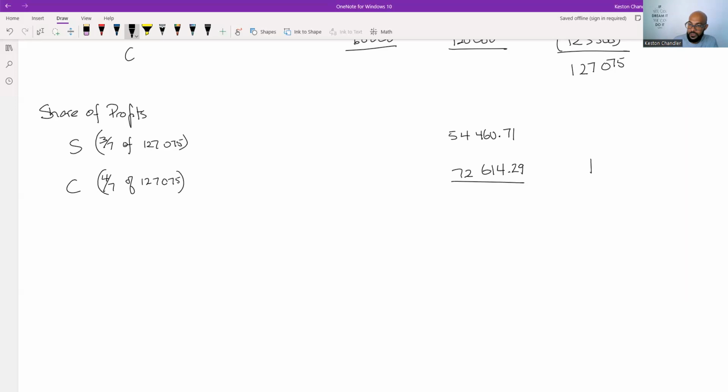When we add them together, you're going to add back up to the same figure that you had here, and you balance your account like that.